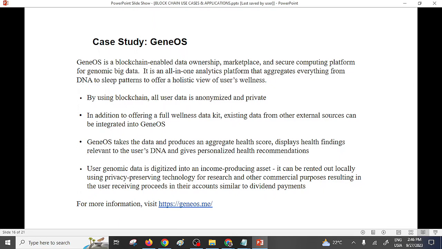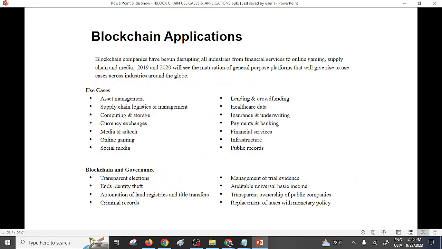This is an issue that most healthcare providers face: leaking of patient record details. There are other blockchain applications, and we can go on and on talking about this. So we have looked at different use cases.